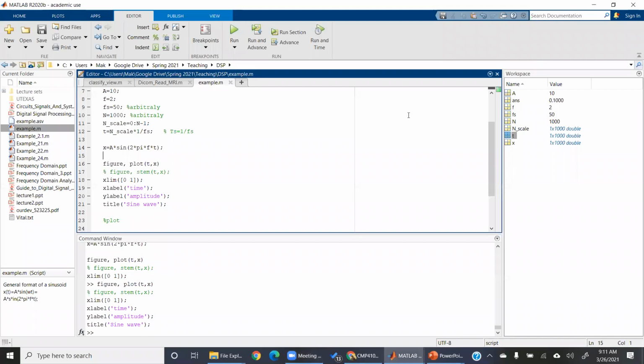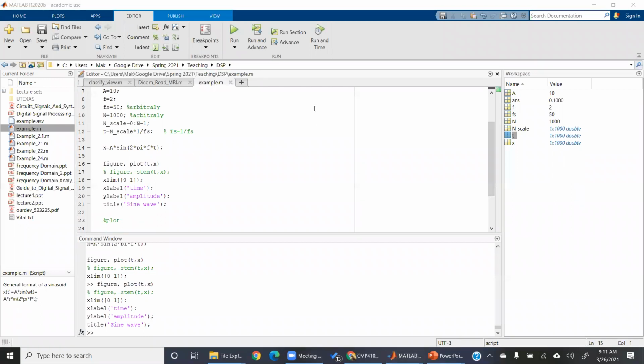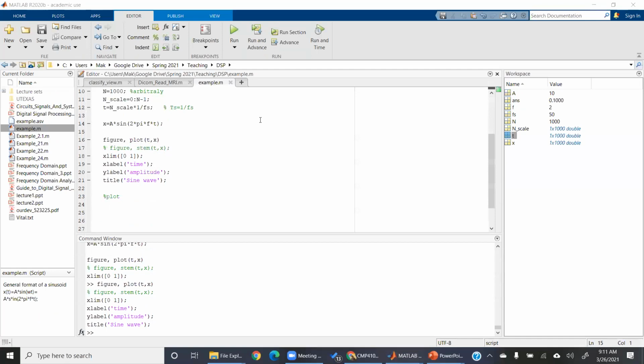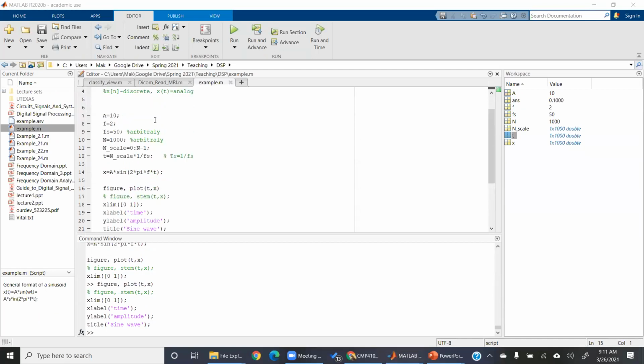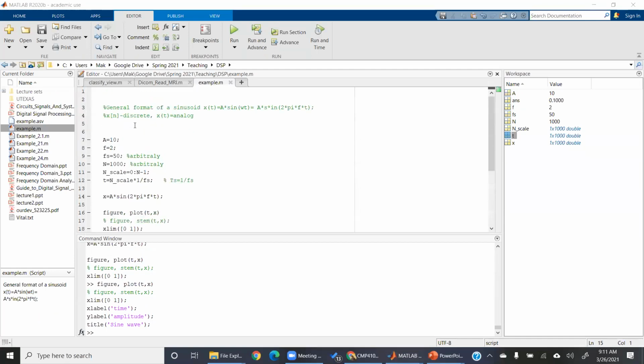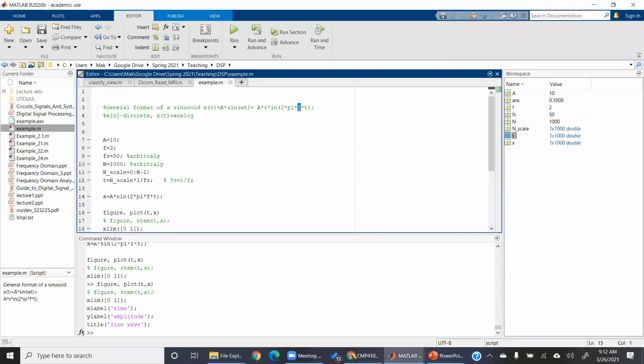Okay, right. So when you define a sine wave as sine 2 pi ft, f here is the signal frequency.